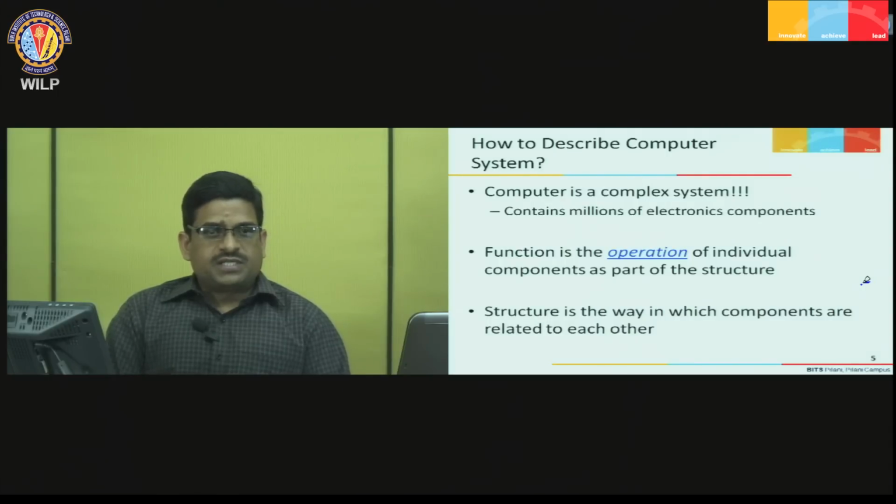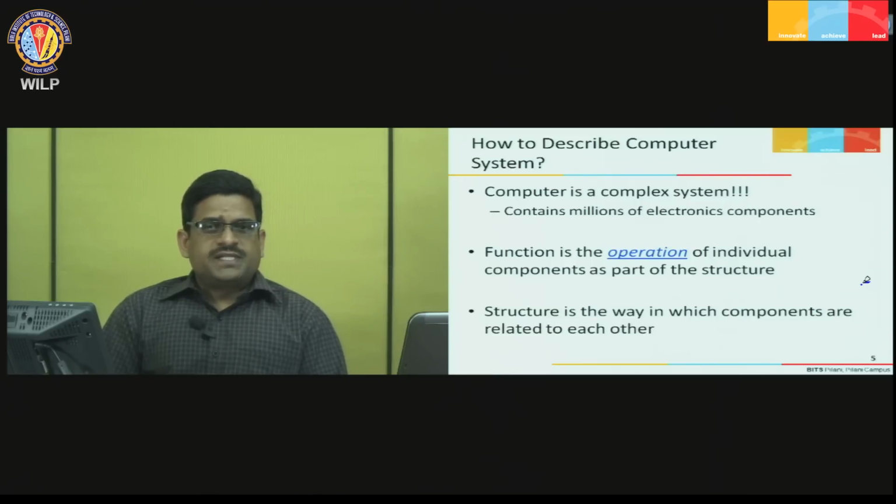There are millions of transistors, and from these transistors the basic electronic components like multiplexer, decoder, flip-flops are designed. So, your computer is a combination of millions of electronic circuits, and these may be basic circuits like decoder, half adder, full adder, multiplier, and so many things.